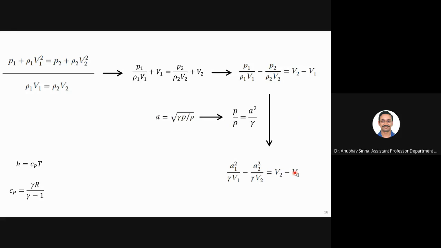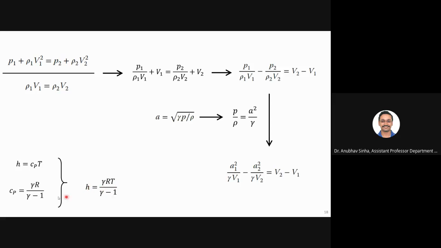Now we have H is equal to CPT, and for a perfect gas we have Cp is gamma R by gamma minus 1. This we have discussed previously when we talked about asymptotic flow. If I combine these two equations, H can be written as gamma RT by gamma minus 1.